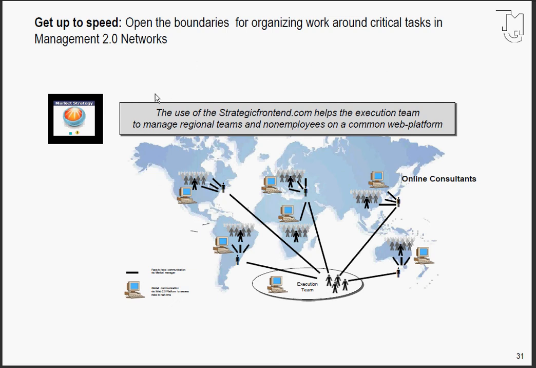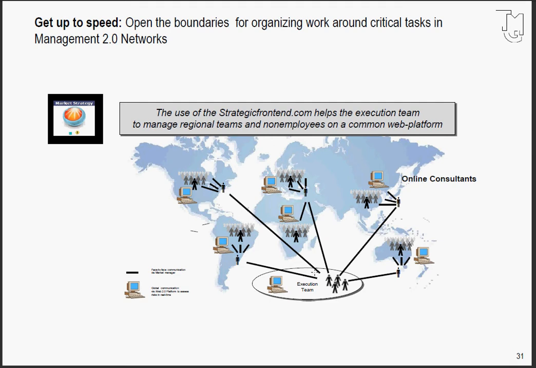So how do you get up to speed? Open the boundaries of organizing work around critical tasks in Management 2.0 networks. So Management 2.0 networks become the critical building block in moving forward in Management 2.0. The use of strategic-frontend.com helps the execution team of the client to manage regional teams and non-employees on a common web platform.